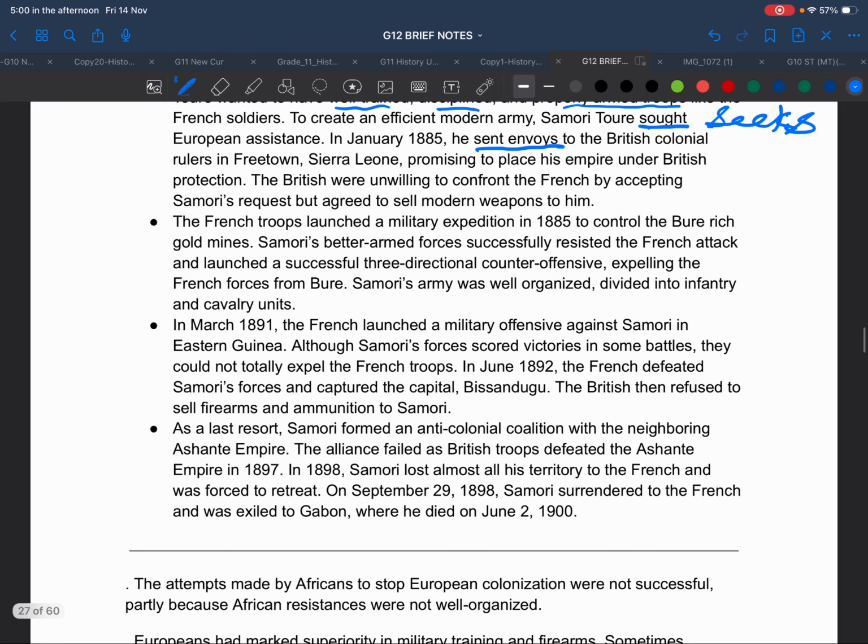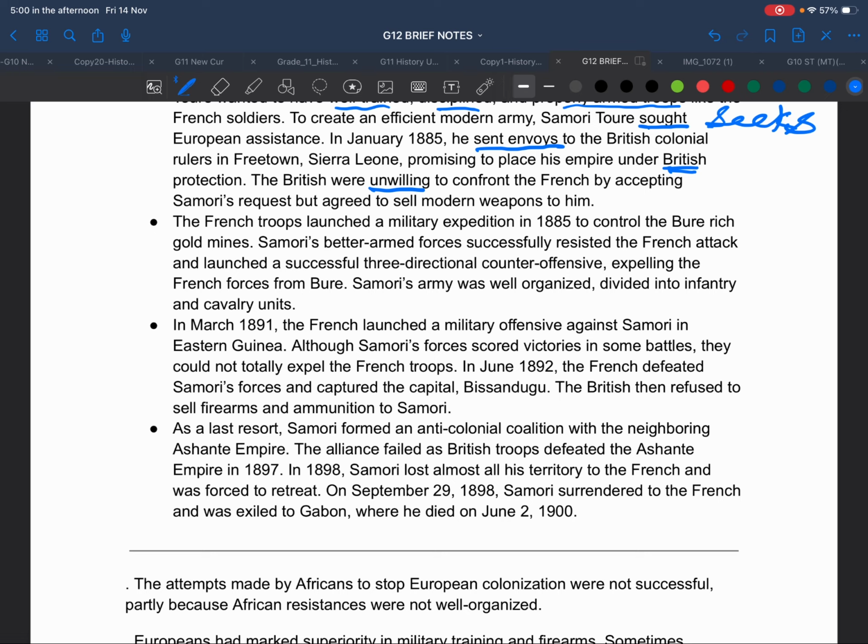We will discuss that Britain was not like the French. They used indirect rule, monopolizing the local kings for their interest. The British were unwilling, not interested to confront the French by accepting Samory's request.